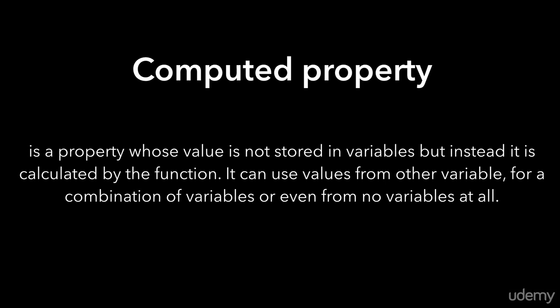For example, if we have the area of a square, instead of having a stored property to save that value, we know how to calculate it. We have the side of the square. We can just multiply the side by the other side and return it.